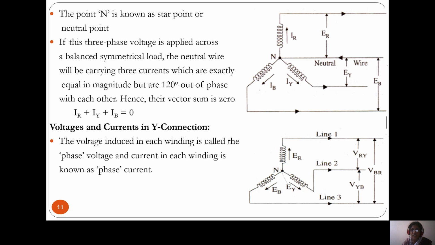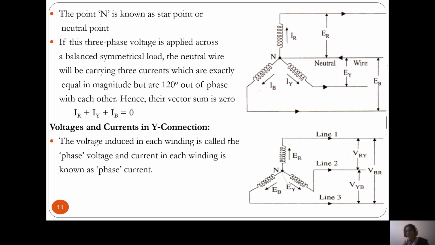So in a star connection, if the three phase voltages are the same in magnitude and 120 degrees apart, then when you add the three currents IR, IY and IB, you get 0. Then it is called a balanced system.